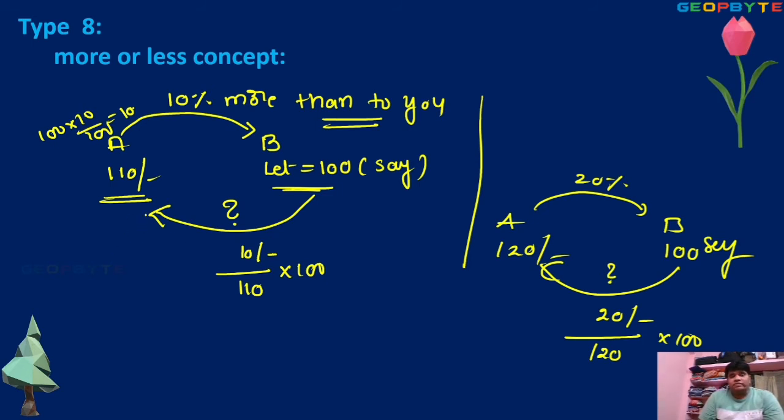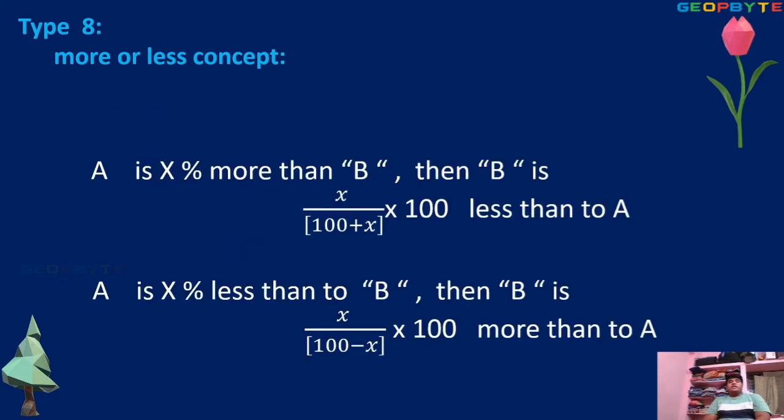But every time, assumption takes time. That's why the formula method, look. If A is x percentage more than B, then B is x by (100 plus x) into 100 percent less than A. Okay, formula proof, look. A, B. B value I don't know, say 100.